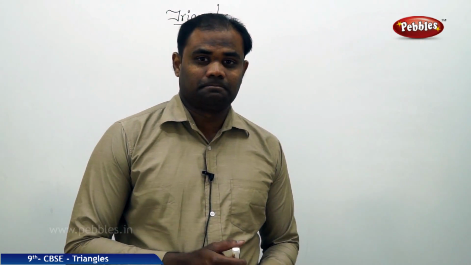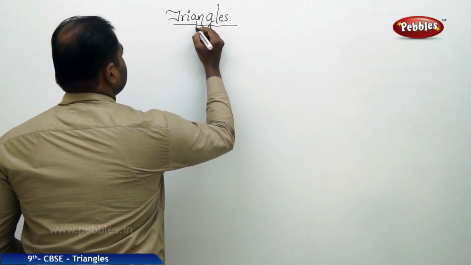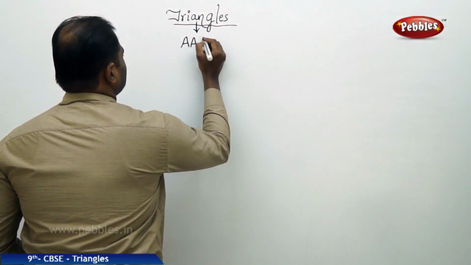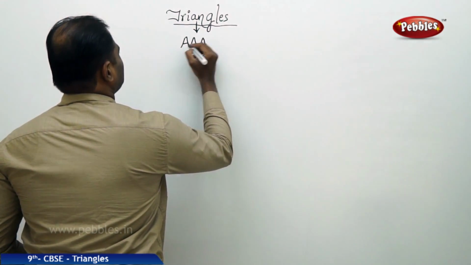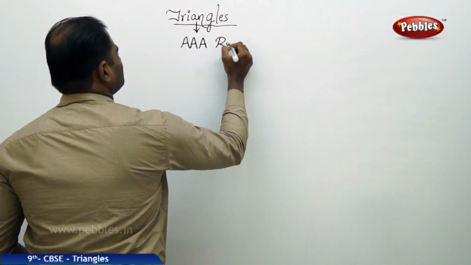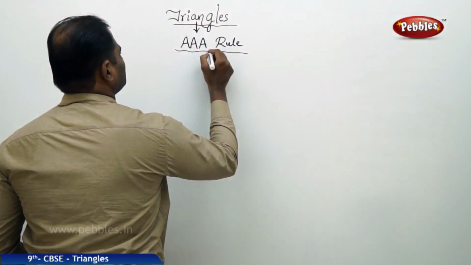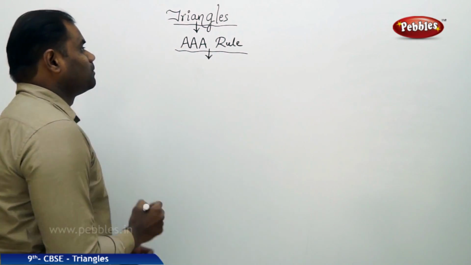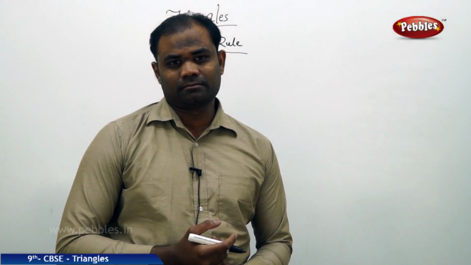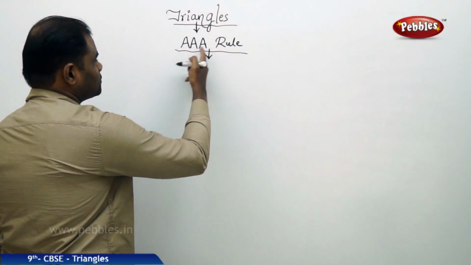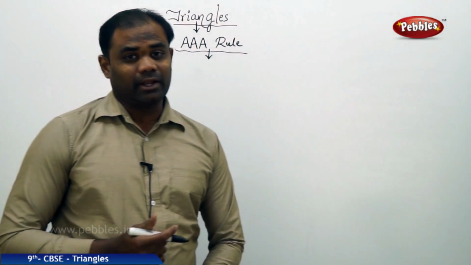So let's investigate the AAA rule for congruency of two triangles. AAA rule. What is the AAA rule? AAA stands for all three angles of the triangle.